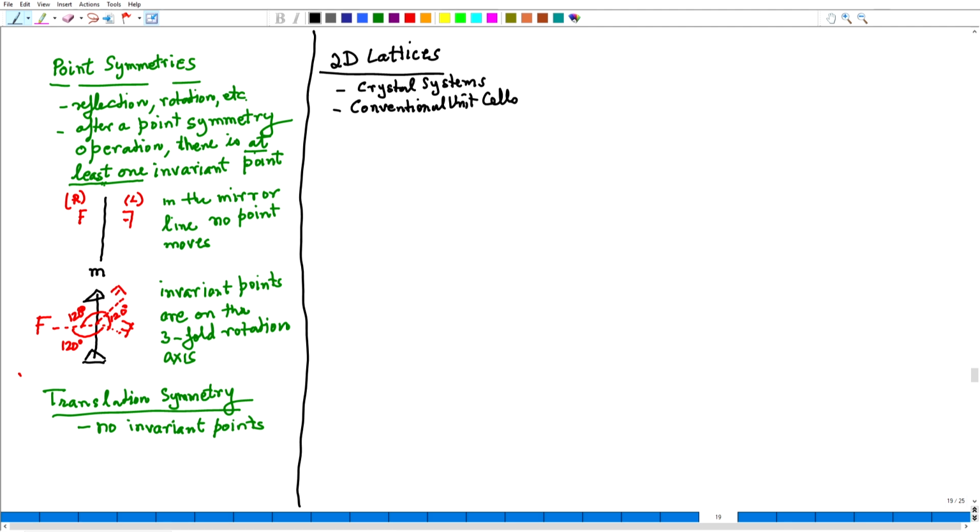What we do is, we add point symmetries to a translation vector.